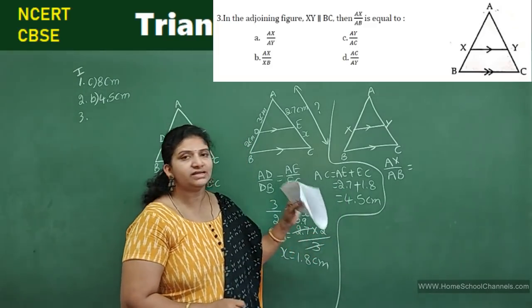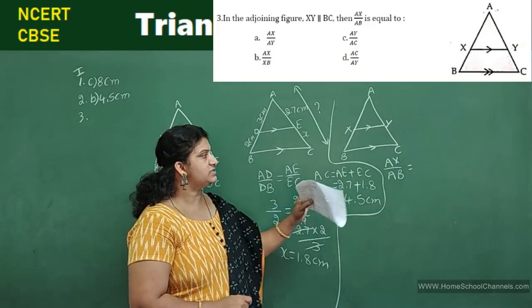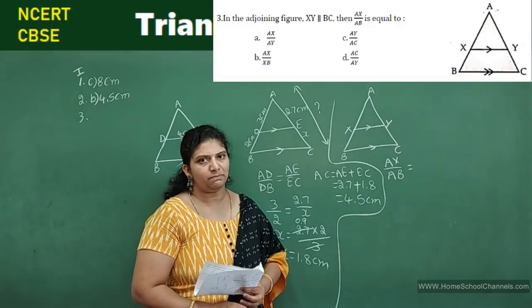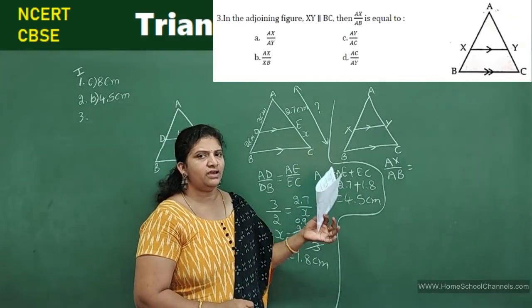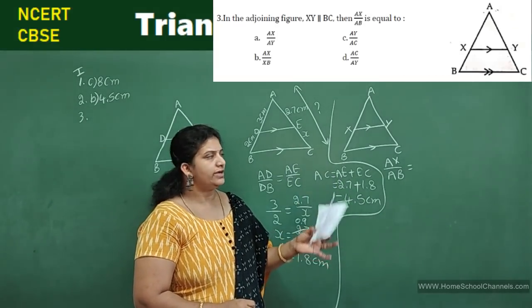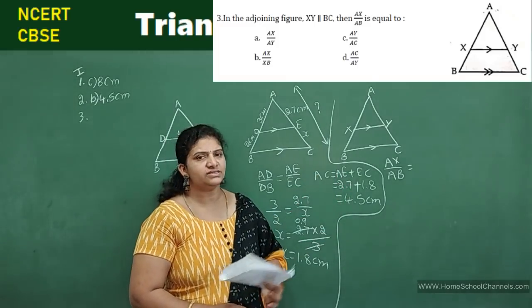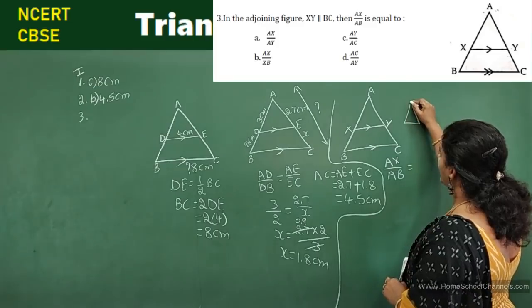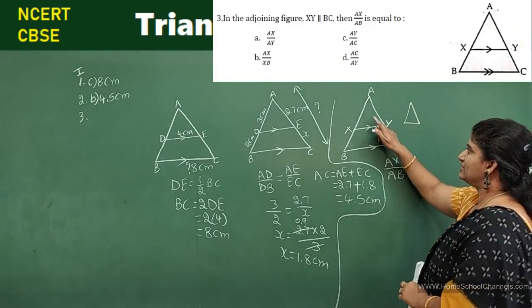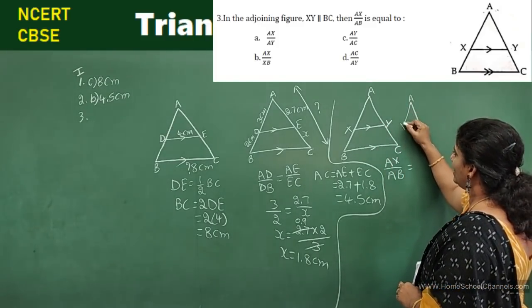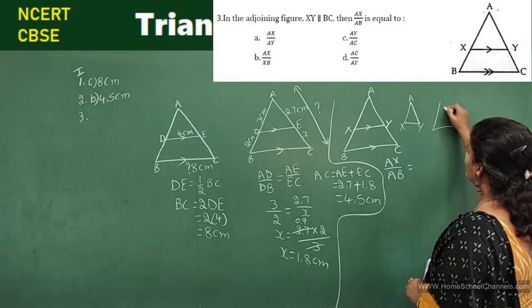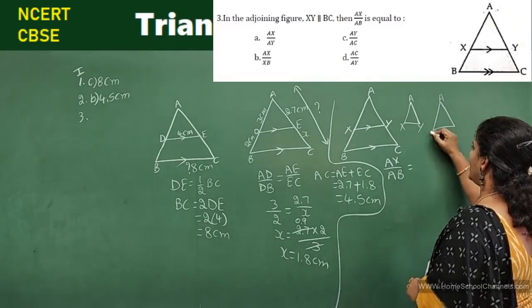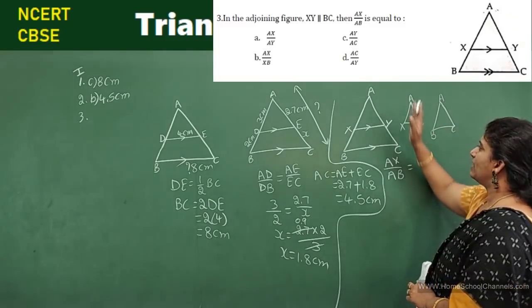Now here in this problem, they asked what is AX by AB. AX by AB is just a corollary. So directly I can say your answer is AY by AC. If you want, you can compare the triangles like this. This is the small triangle AXY, and I am going to take the big triangle ABC.